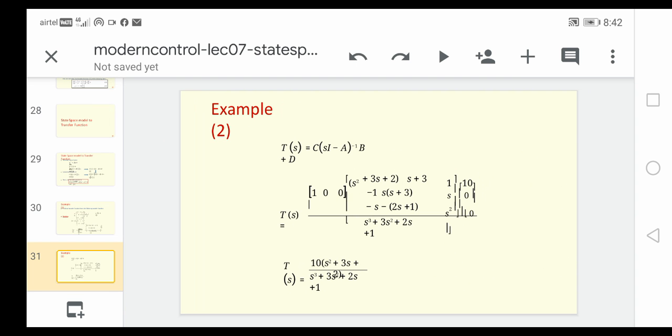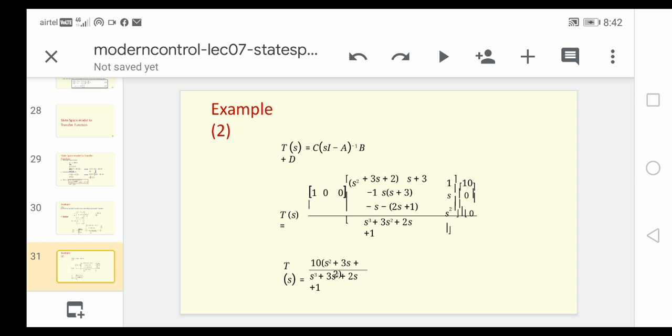This is the formula. T of s is equal to C into (sI minus A) whole inverse into B plus D. All these matrices we get from the given state equations, that is x dot of t equal to Ax plus Bu and y is equal to Cx plus Du.